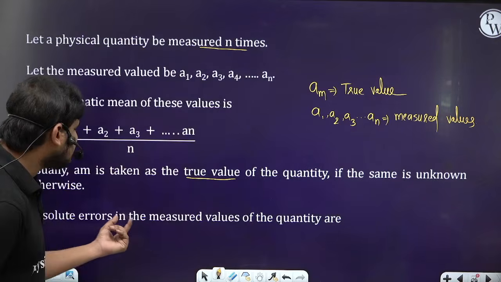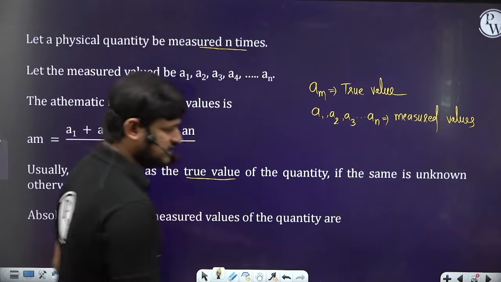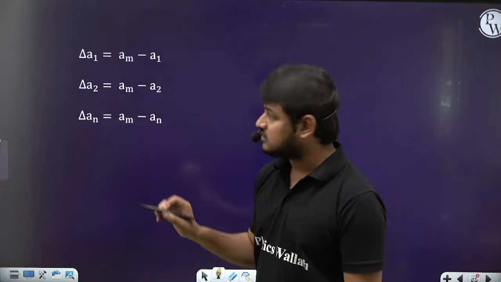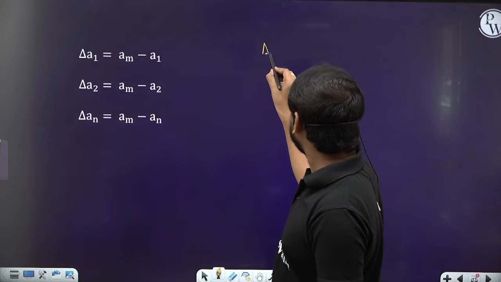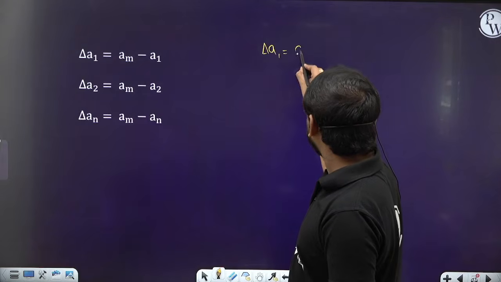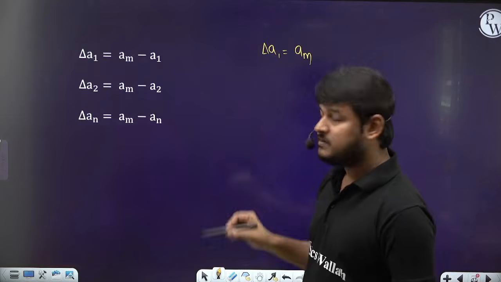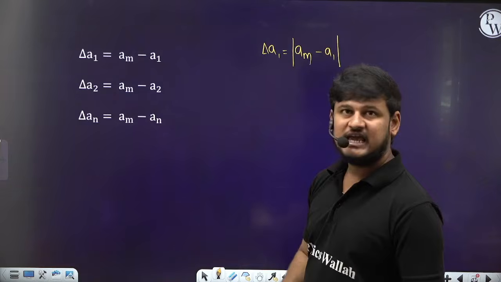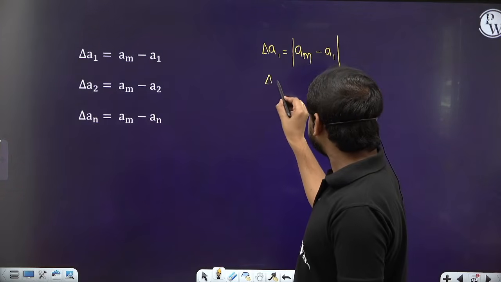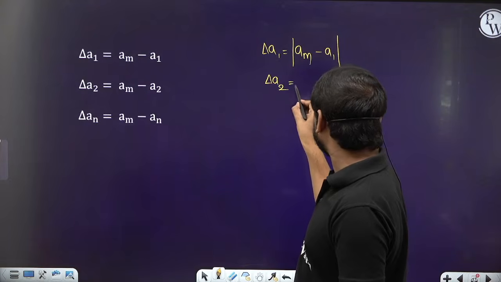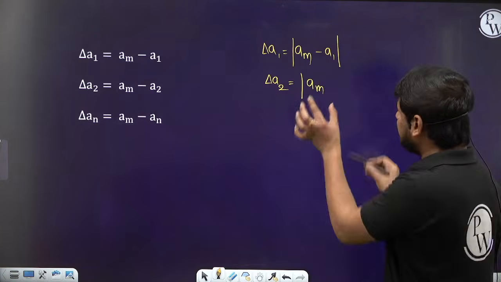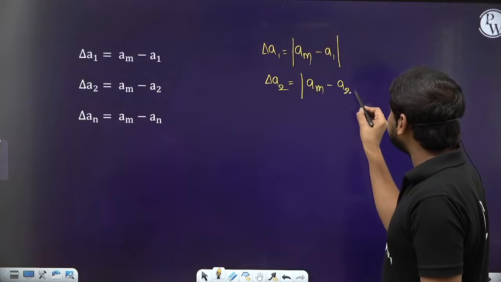So now, next. Absolute errors in the measured values of the quantities. How do we find the absolute error now? Let the absolute error delta A1 be the true value AM minus the measured value A1. Then the second absolute error delta A2 is the mean value minus the second student's measured value.